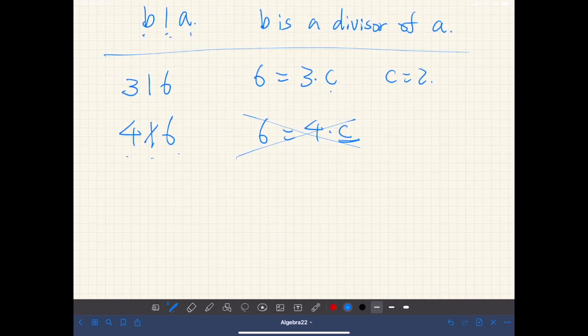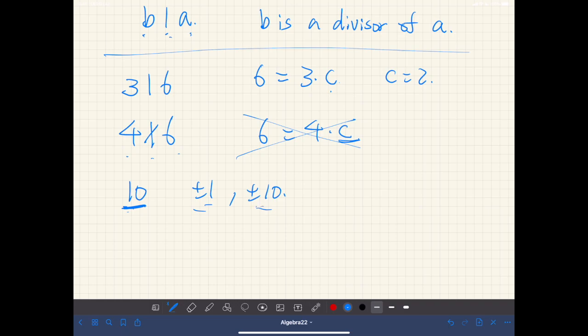And 10 has trivial divisors, plus minus 1, plus minus 10. So these are trivial because 1 divides any integers. Negative 1 also divides any integers. And the integer itself divides itself.